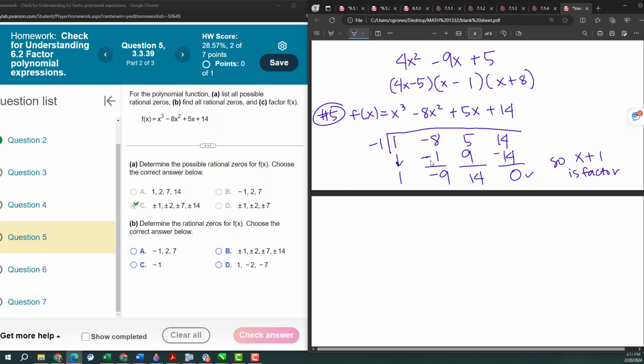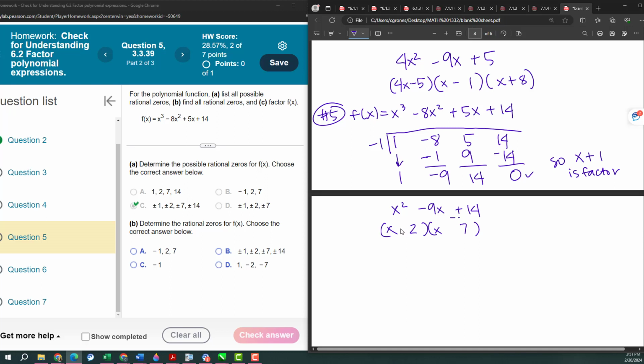Okay, so we're left with x squared minus 9x plus 14, and we're going to factor. I've got x, and I need to get to 14 at the end, so I can do 7 times 2.